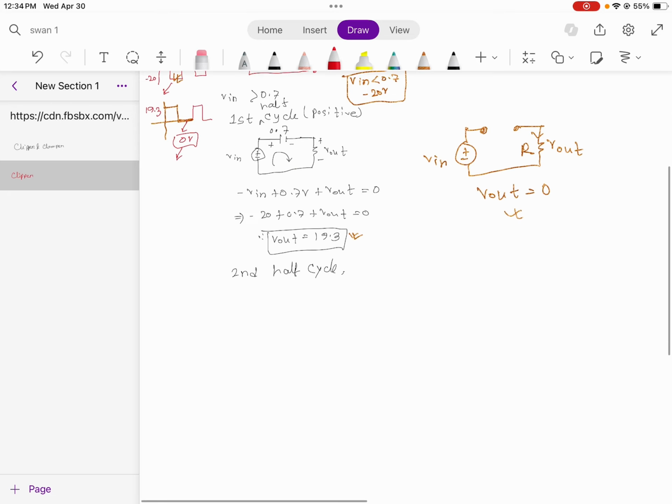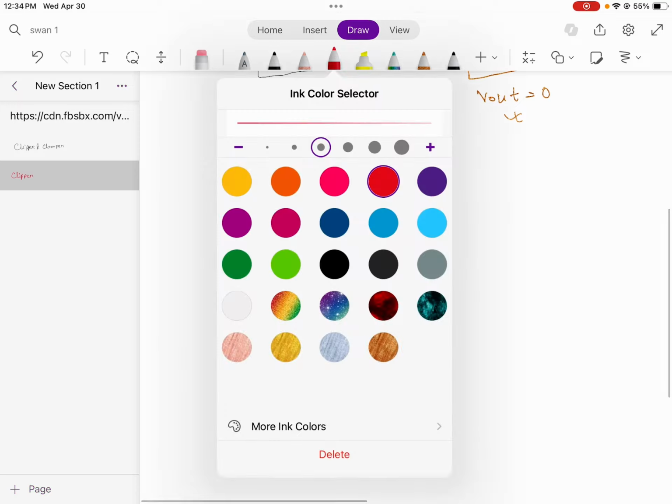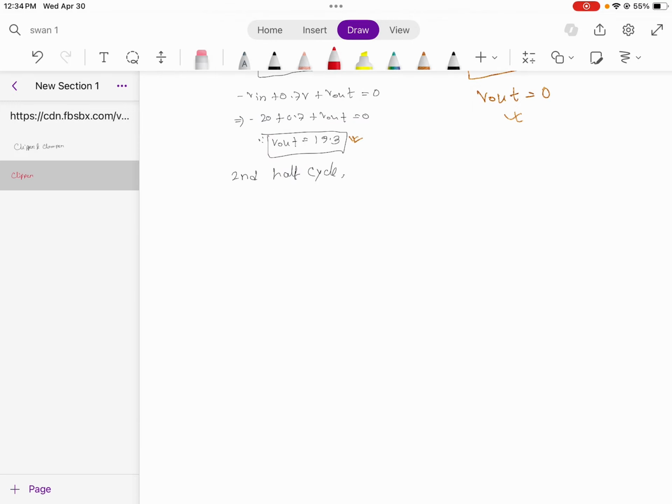For example, let's discuss another circuit where we add a biasing voltage of 2 volt, and there is, as usual, the diode. This is our input voltage, there is the resistance, and in the same way we capture the current and multiply it with the resistance to get the output voltage.